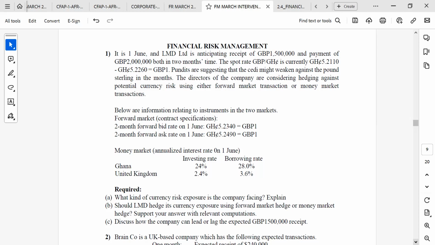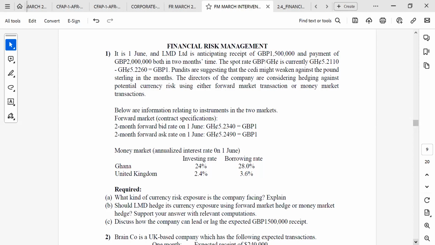It is 1st June, and LMD Limited is anticipating receipt of 1.5 million Great British pounds and payment of 2 million pounds, both in 2 months' time.